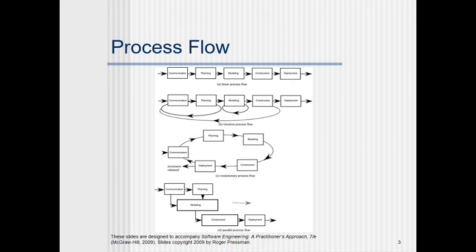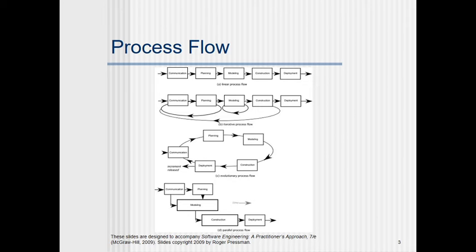Another process flow is the iterative process flow. In the iterative process flow, we repeat one or more activities before proceeding to the next. We have seen in the diagram that we start with the communication, then we go for the planning.